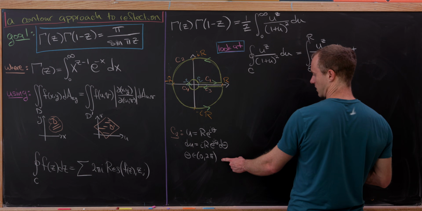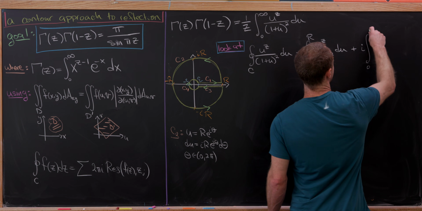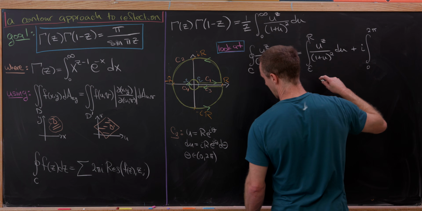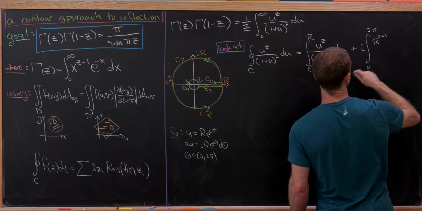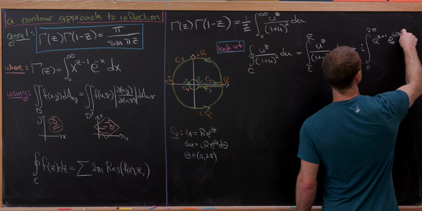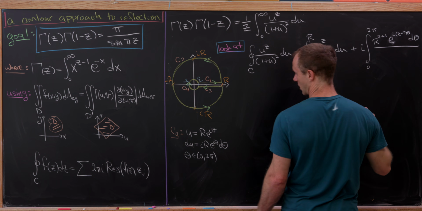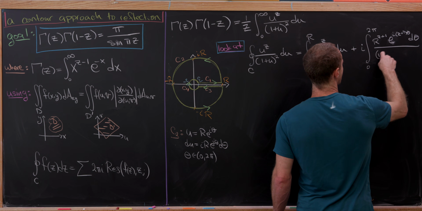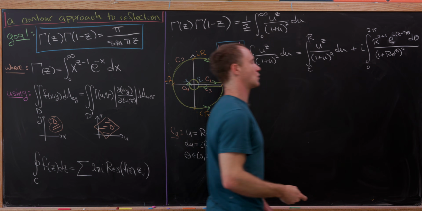We'll have plus, I'll put i out front, and then the integral from 0 to 2 pi of r to the z plus 1 times e to the i times z plus 1 theta d theta, all over 1 plus r e to the i theta squared.